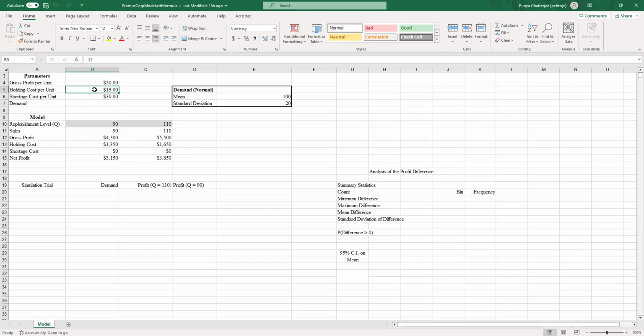Holding cost parameter, again, this is per unit, which means that if in a period they are not able to sell their full stock, then they need somebody to keep their leftover stock, and it's going to cost them $15 per unit.